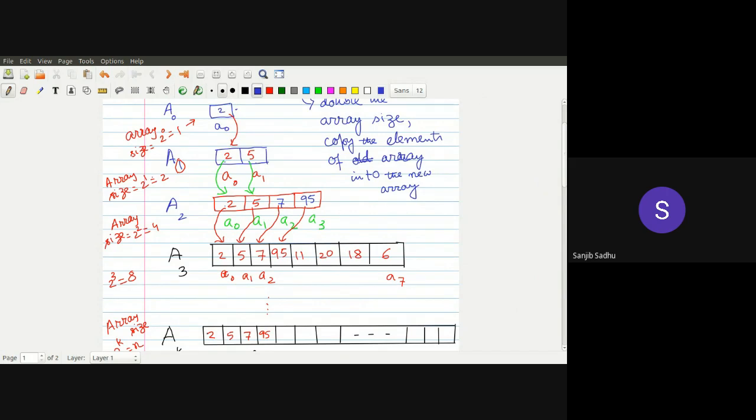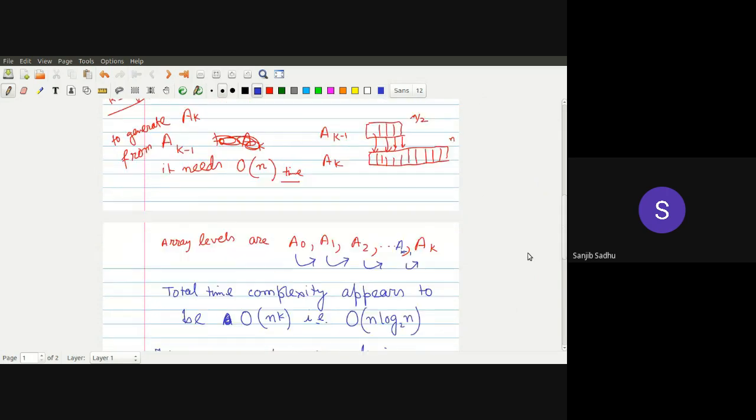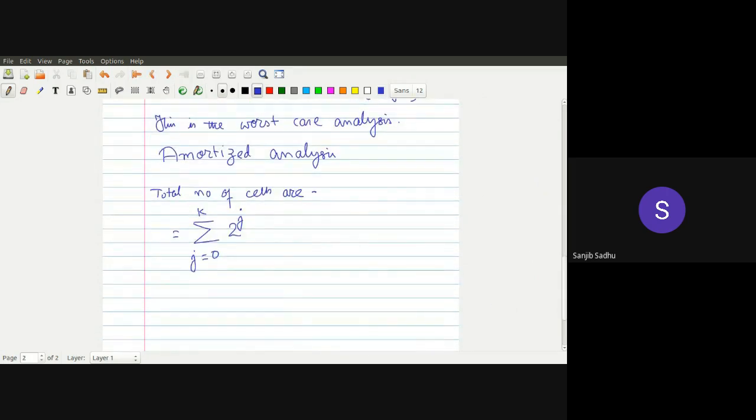So in the last level 2 to the power k. I am adding all this. Or, if you have a problem, you can write 1 plus 2 plus 2 square, up to 2 to the power k.